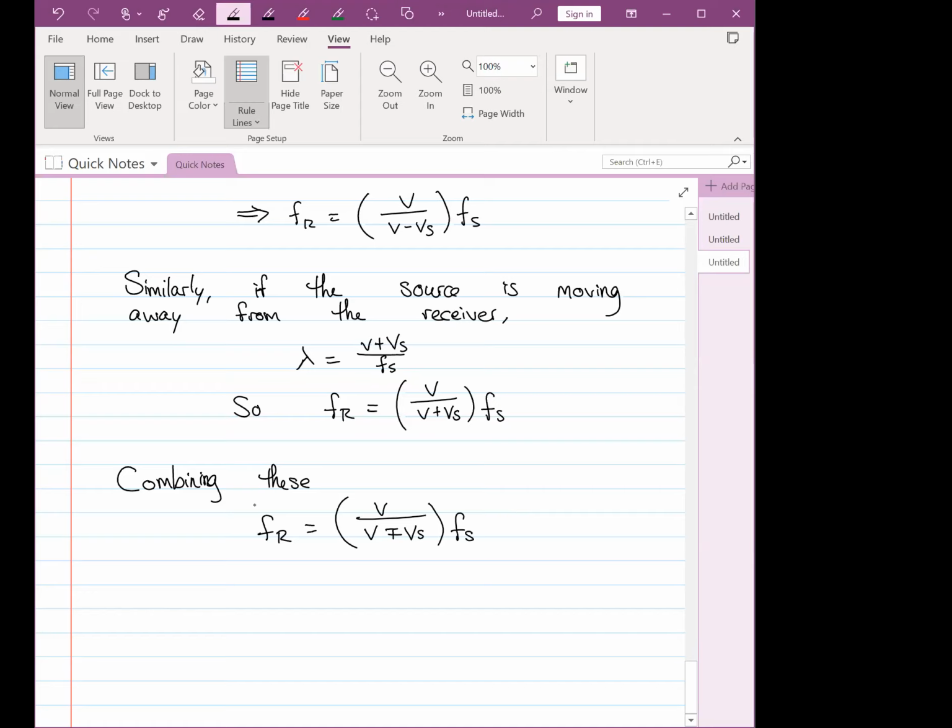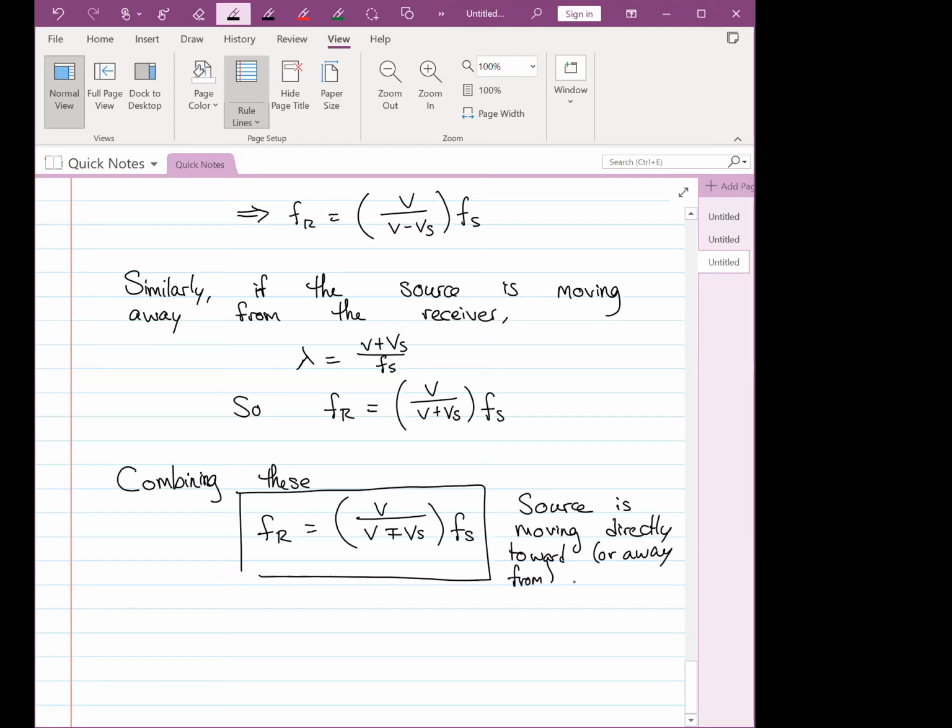And this formula is applicable when the source is moving directly toward or directly away from the receiver. And then you just have to pick the minus or plus correctly.